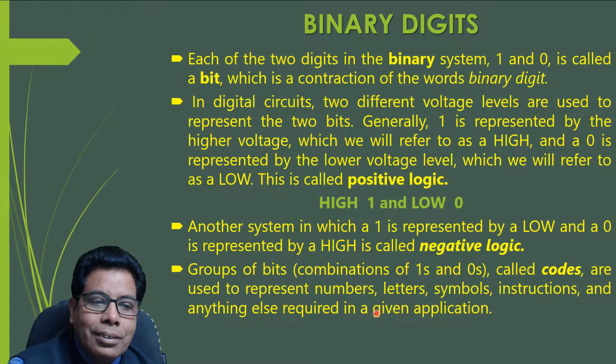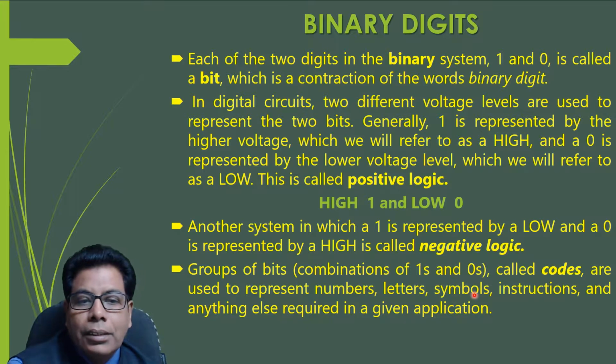For example, see the numbers, letters, and symbols. These are all present on the ASCII keyboard. So they are represented with the ASCII code. ASCII is a 7-bit code with one more bit for parity.